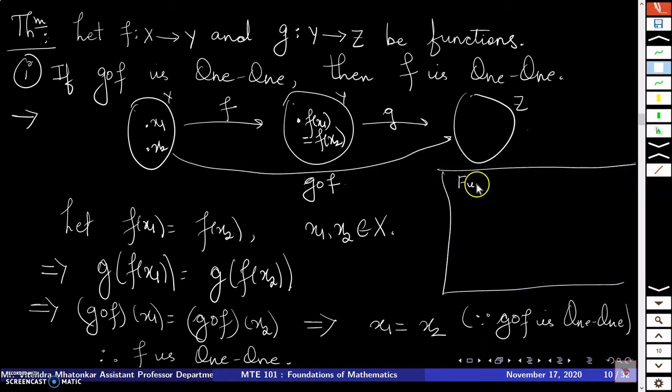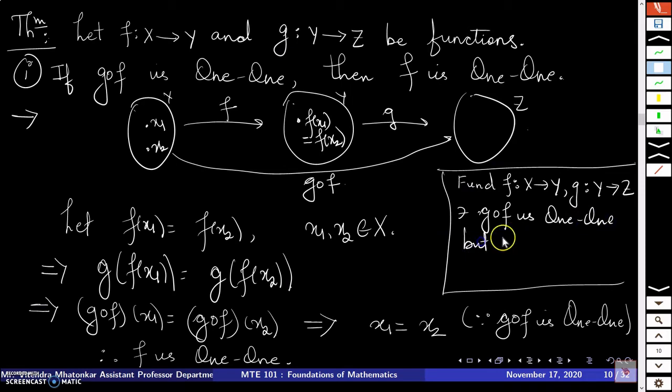Find functions f from x to y and g from y to z such that g composite f is 1-1, but g is not 1-1.